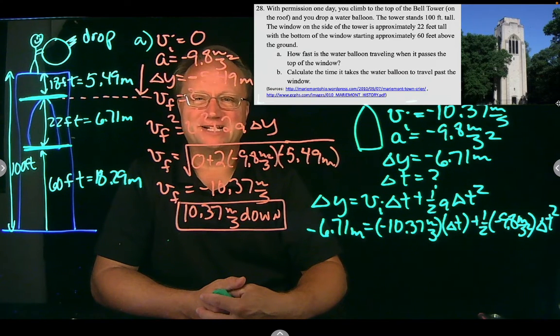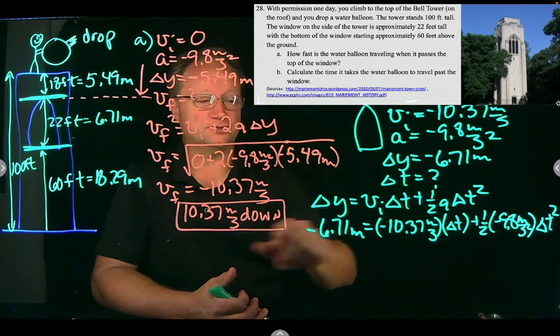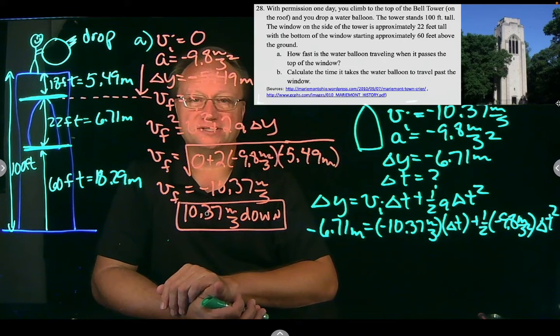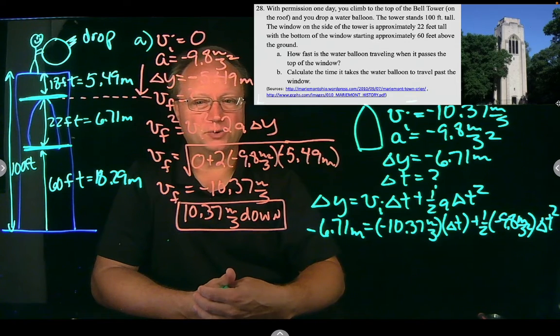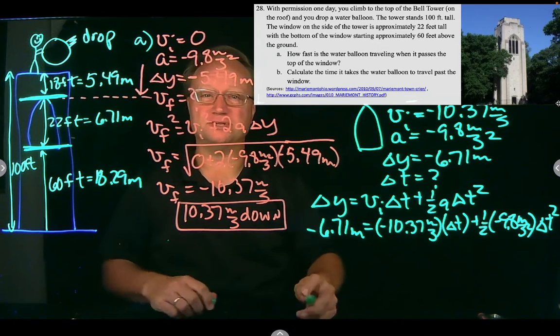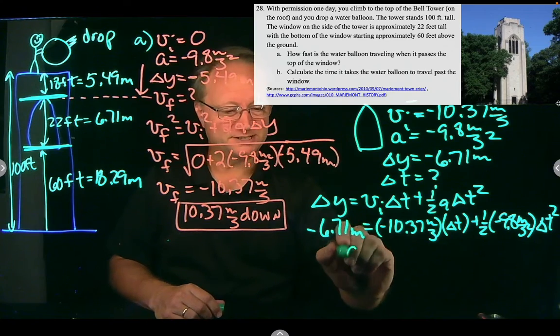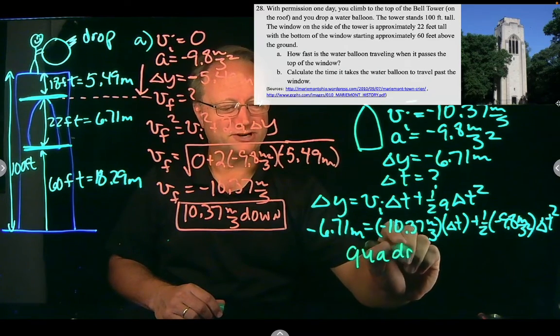Well, pondering back to your algebra skills, you can either factor this into two parentheses. Given that they're decimals, it's probably not going to factor very well. So your alternative when something doesn't factor is to use the quadratic formula.